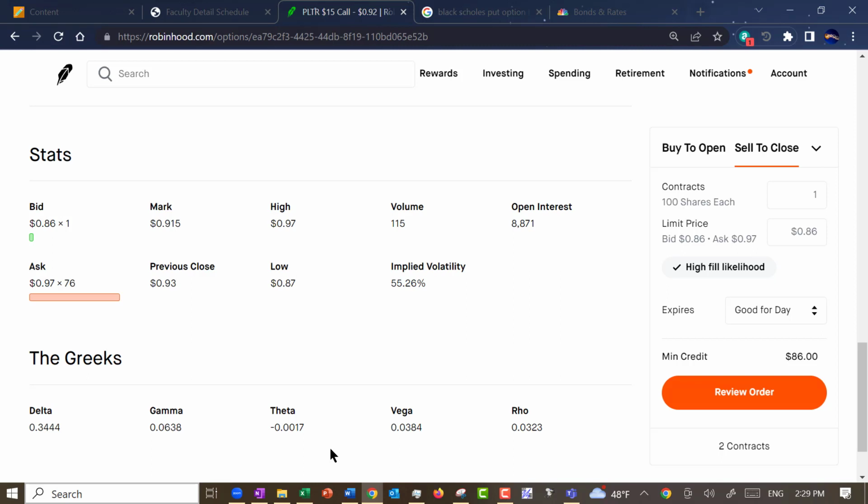Now, Robinhood has a problem. They wrote 76 call options. That means if and when I decide to use my right and go to Robinhood and say, I am exercising, they are required, as a writer of the option, to sell me 7,600 shares as long as I pay them $15 per share. Obviously, they know that I'm not going to do it if the price is not greater than 15.